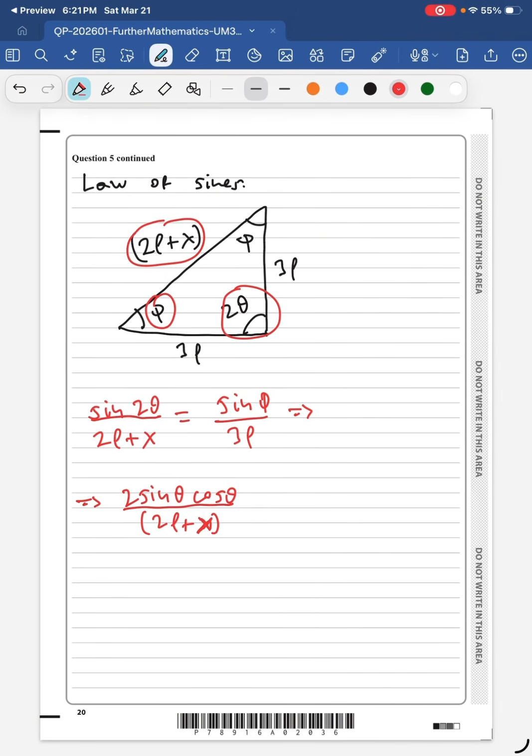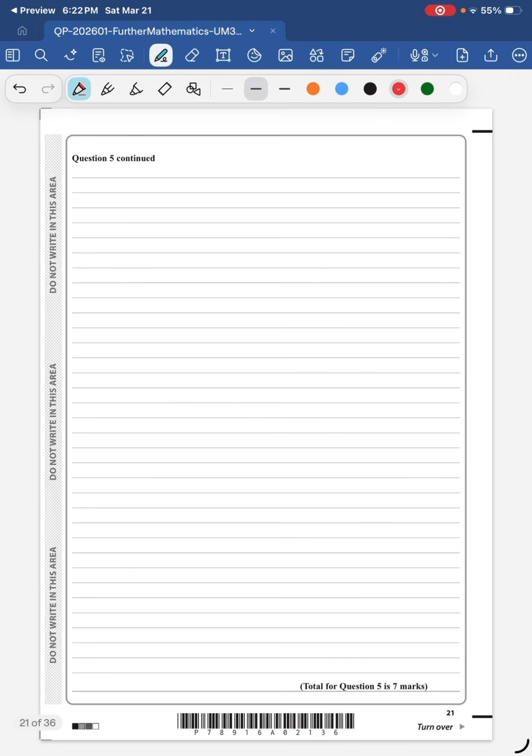I'm using parentheses to avoid confusion. Sine phi is cosine theta over 3L. So cosine theta cancels again beautifully. So sine theta ends up being (2L plus x) over 6L, and this is equation 4. The sanity check here is that L and x have dimensions of meters, so they cancel each other, and sine theta is a pure number. It's good to do some dimensional analysis sometimes.